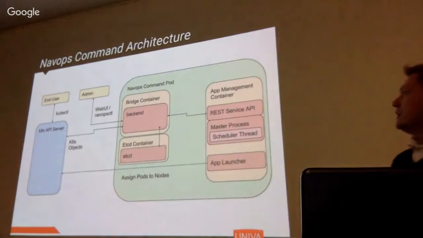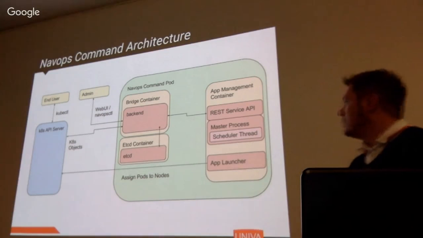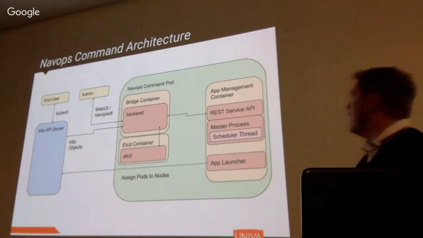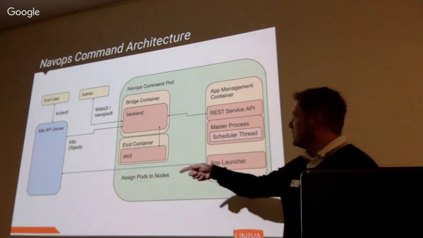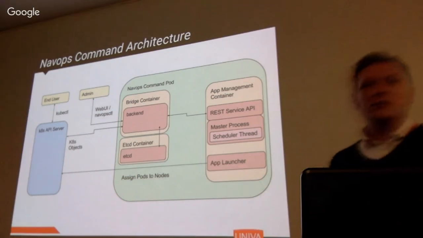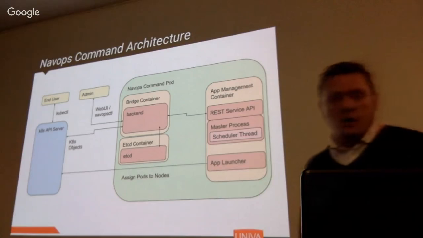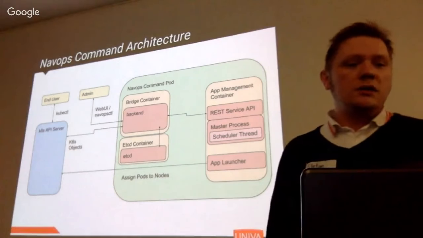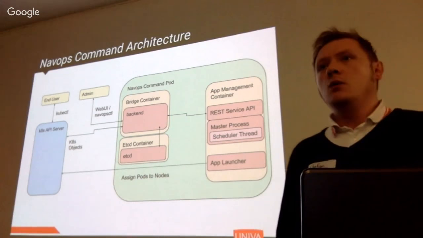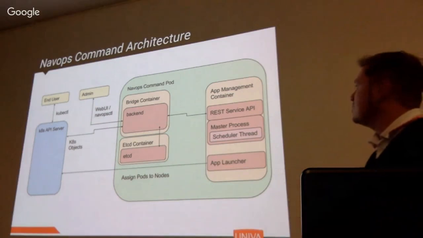So this is our general architecture. As I said, we have this NavOps Command pod, which has inside the bridge container and the app management container, which is responsible for assigning the pods to the nodes. The end user is starting whatever web pod or some other machine via the Kubernetes API. We are monitoring the watches of Kubernetes via the bridge container.